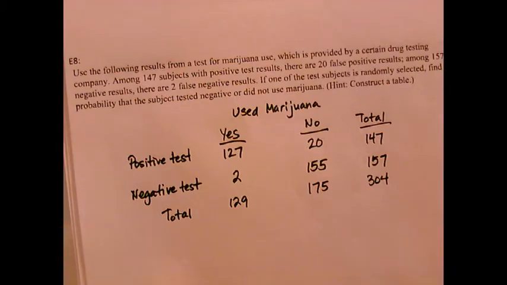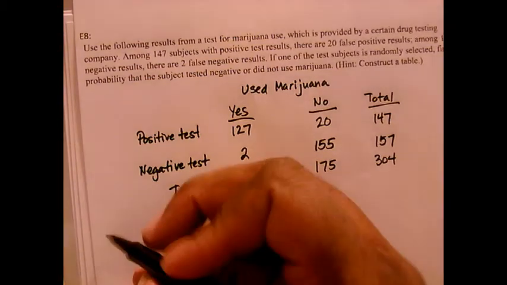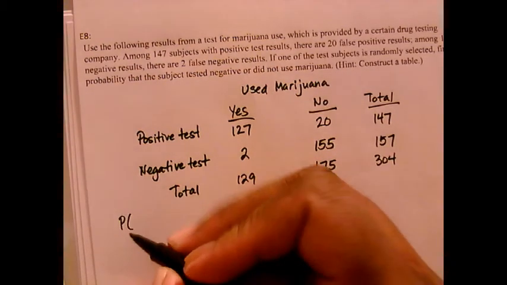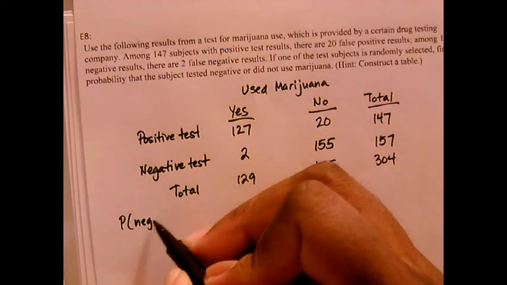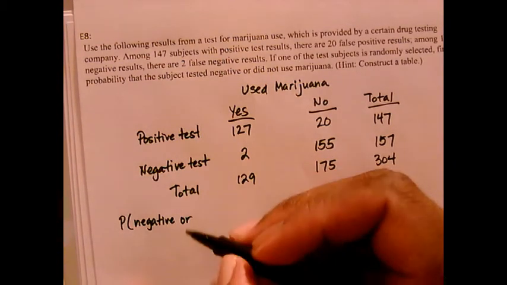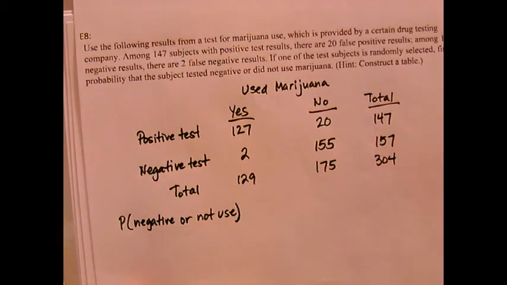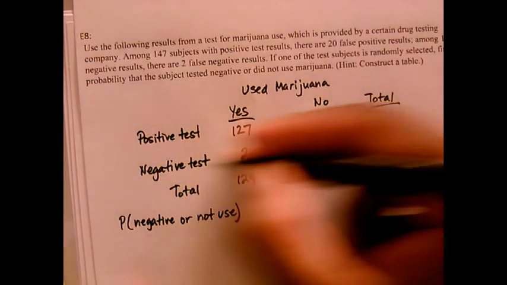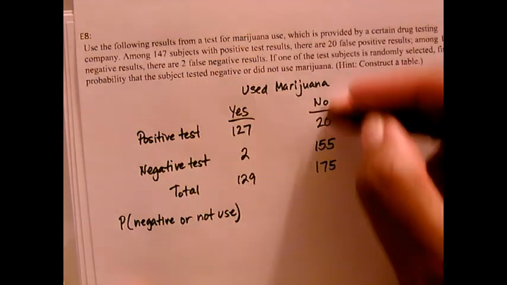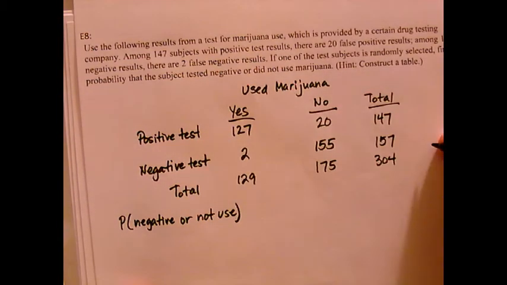Okay, so what we need to find is the probability that the subject had a negative test result, or I'm going to say not used marijuana. So here negative test is this row, not used marijuana is this column, so there is an overlap in those 2 events.